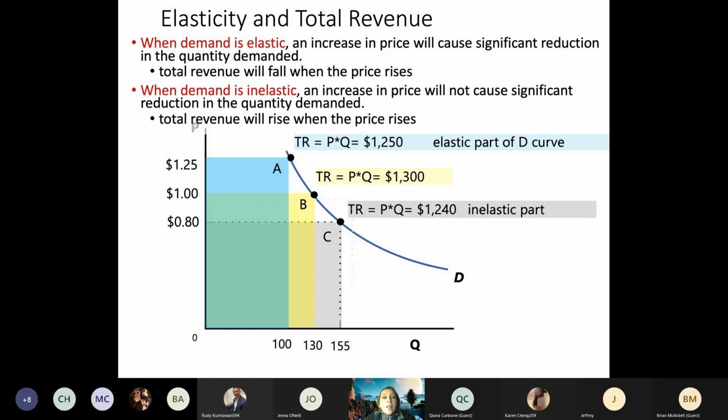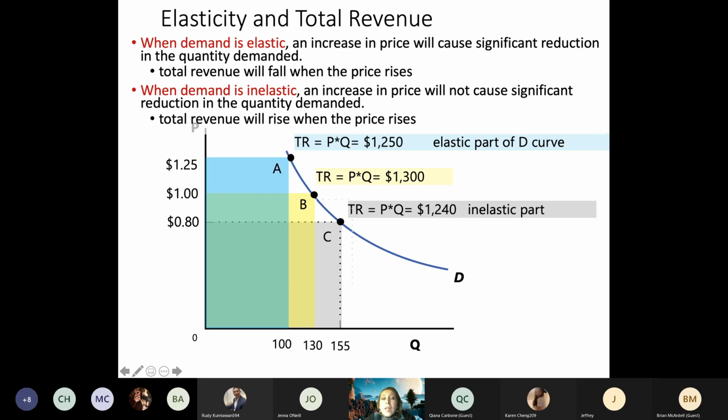What we see is there is a point on this demand curve where total revenue is at its highest point, and then it decreases as we move away from it in terms of price and in terms of quantity.